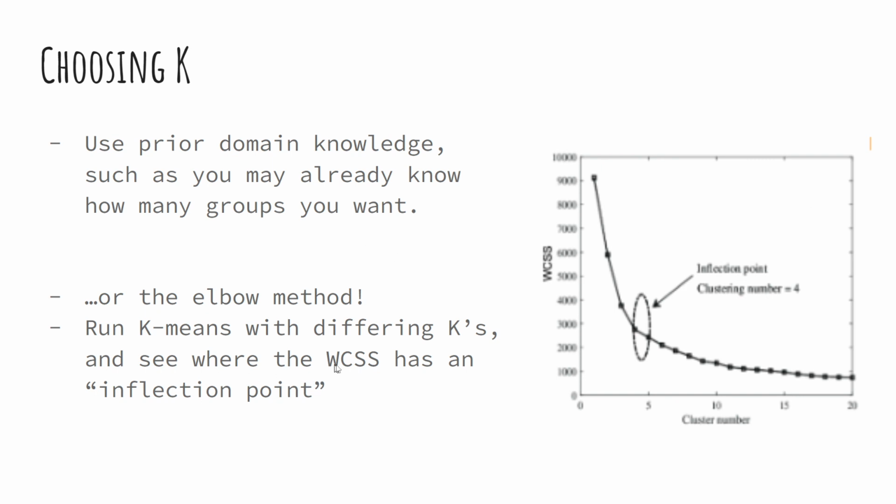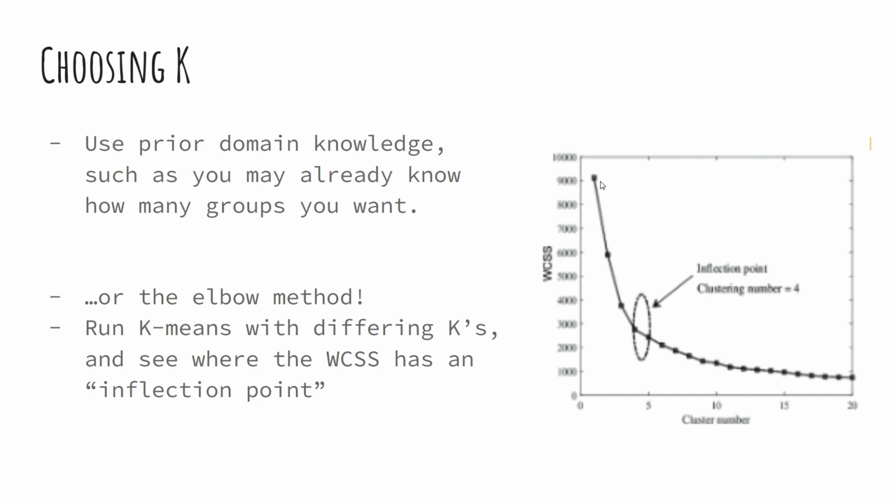And we look at the WCSS, which, remember, is the sum of all of the inertias, and the inertia tells us how compact a cluster is. So we use the WCSS as a way to rank how compact all our clusters are.